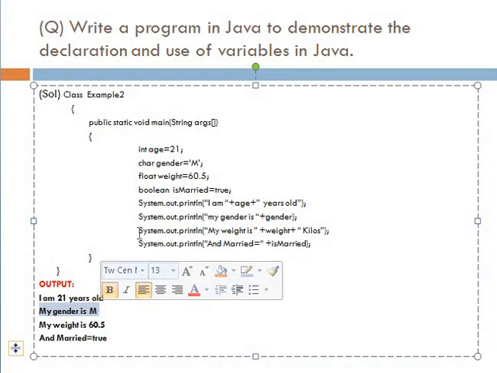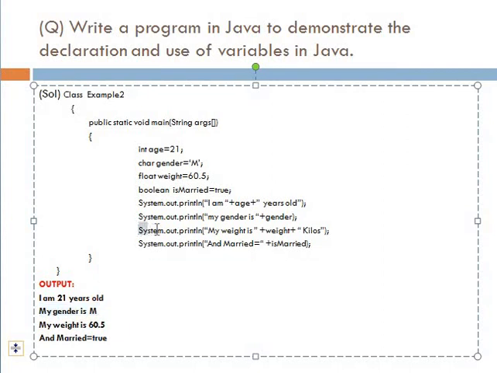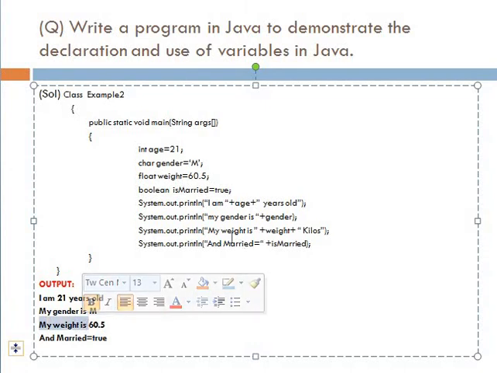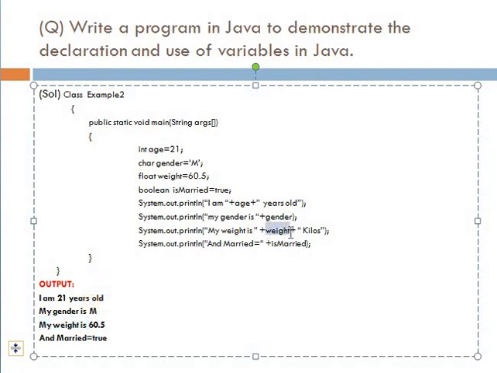In a similar way, this Java statement prints the text "my weight is" exactly as it is in the output, because this text is within double quotes, and I'm adding to it the value of this variable called weight, which is 60.5.